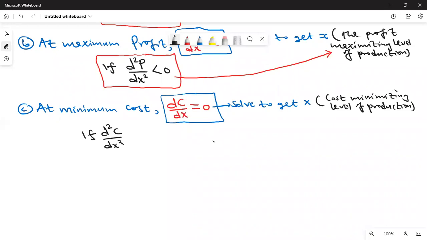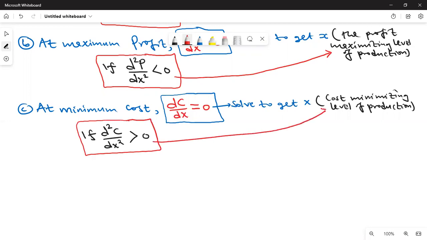Now for minimum, the value must be greater than 0. Very important. If that is true, then it means that that value that you have found will give you the minimum cost possible. So do not deviate from the aim when you are dealing with economic models or problems.